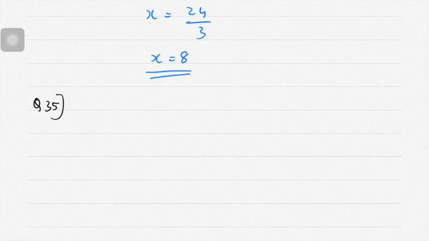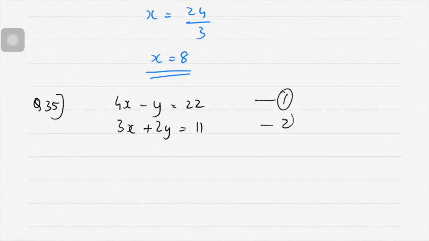Solve the equations by substitution method. And the equations are 4x minus y is equal to 22 and 3x plus 2y is equal to 11.